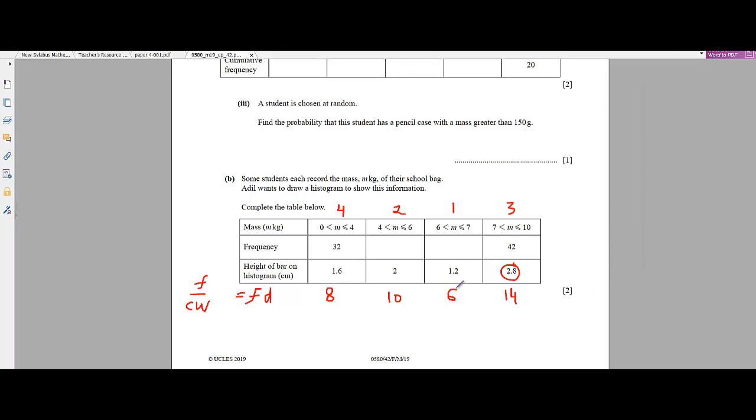Okay. Now we know the formula of frequency density. From here we can find the formula for frequencies. Frequency is basically class width multiplied by frequency density.